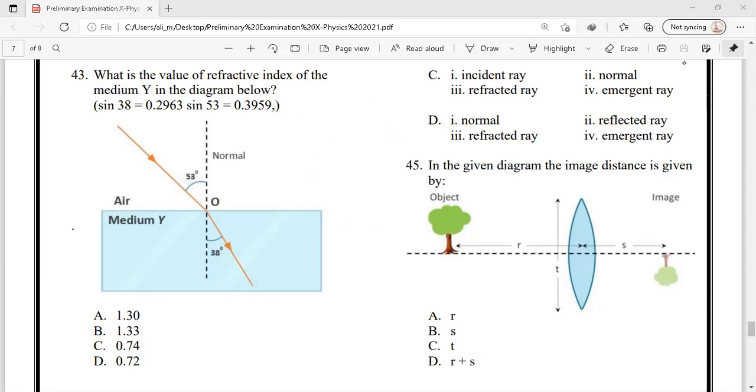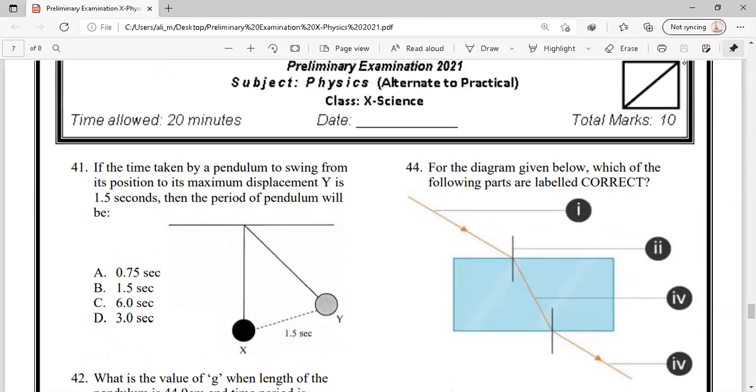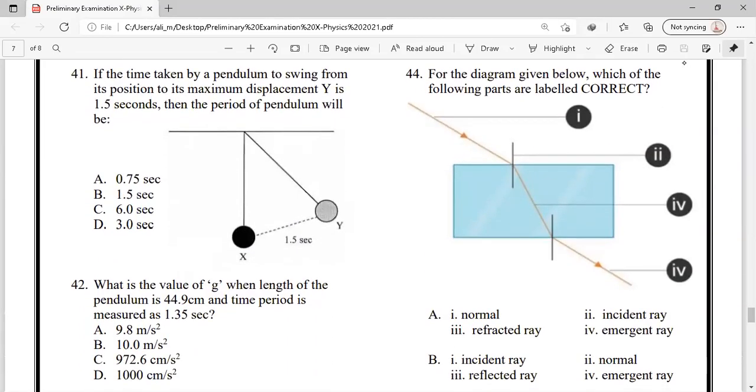Let's see question number 44. For the diagram below, which of the following parts are labeled correctly? The first part is the ray coming towards this glass, so this is our incident ray. Similarly, part 2 is our normal line.